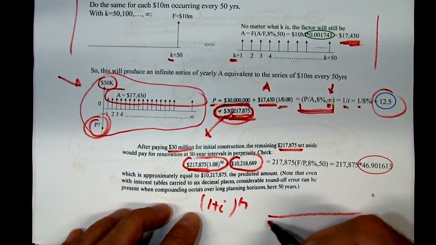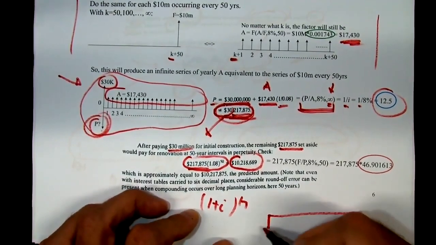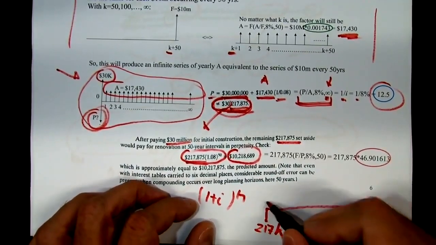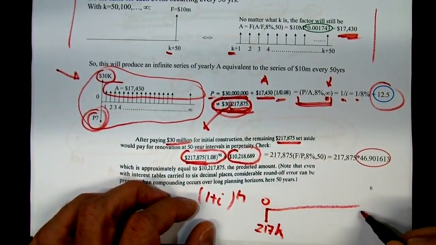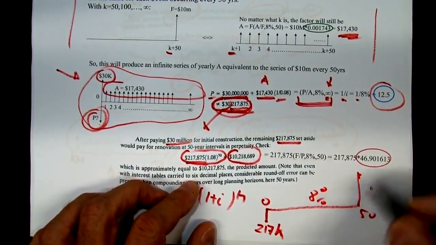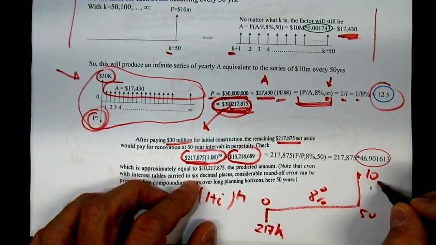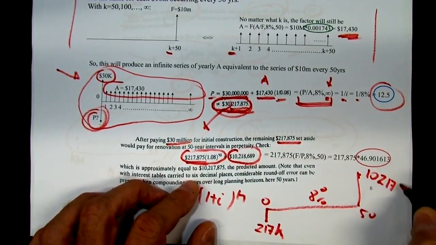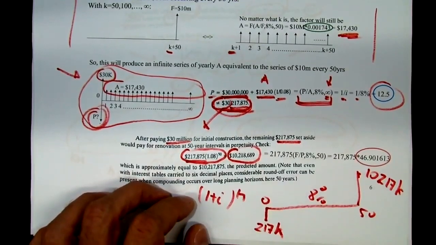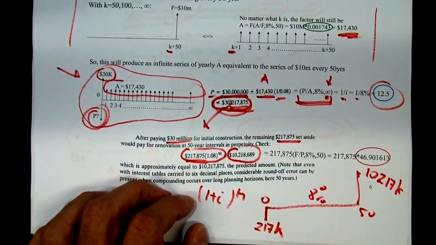So what I did is 217K, let's abbreviate that. Now, at year 50, will be equivalent at 8% to $10 million 217K. Okay, we just proved that with a pretty easy financial calculation, didn't we?